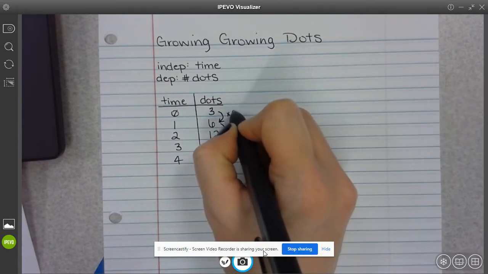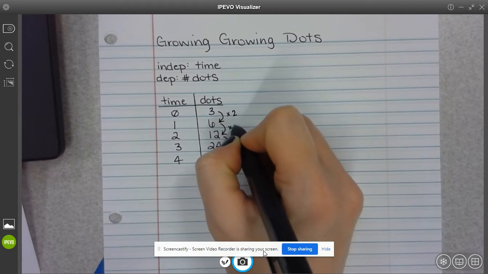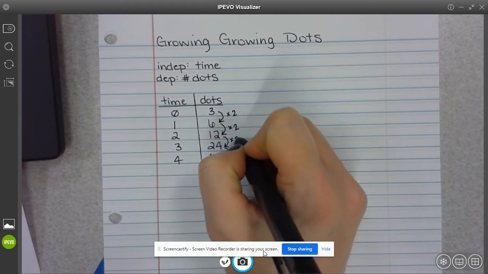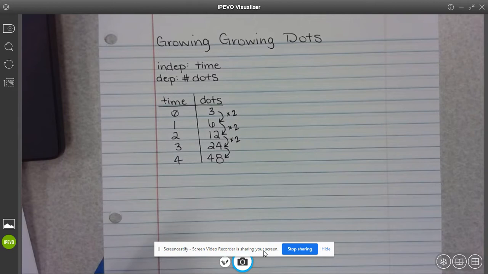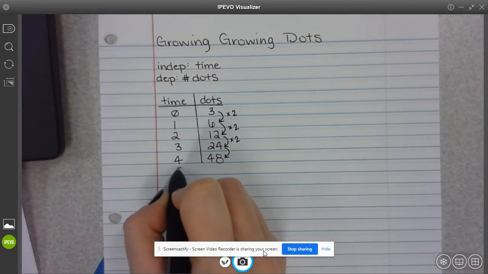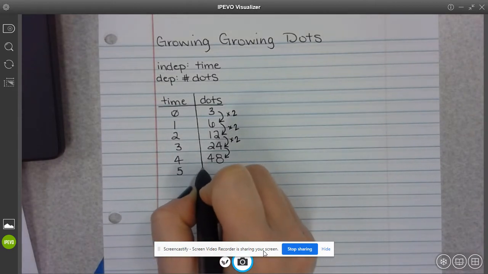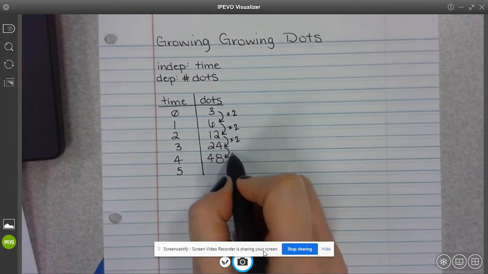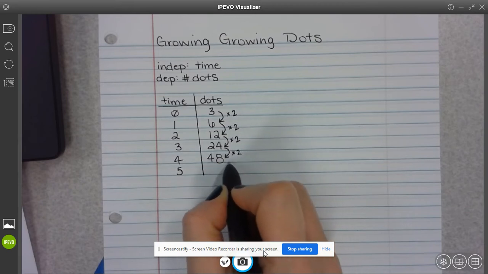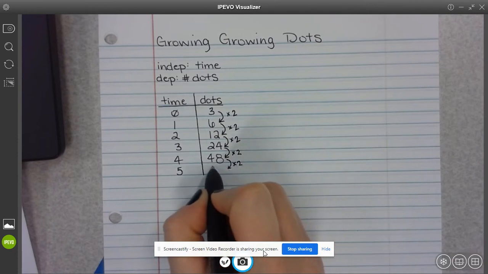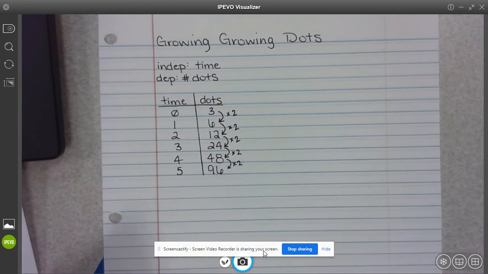So my pattern here is times 2. Now I'm not looking at addition anymore. So if I wanted to get number 5, I would double 48. So 48 times 2 gives us 96.